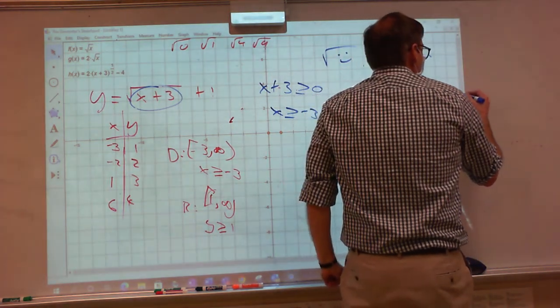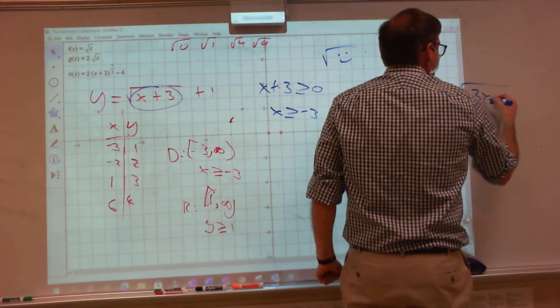Find the domain of y equals the square root of 3x plus 2.